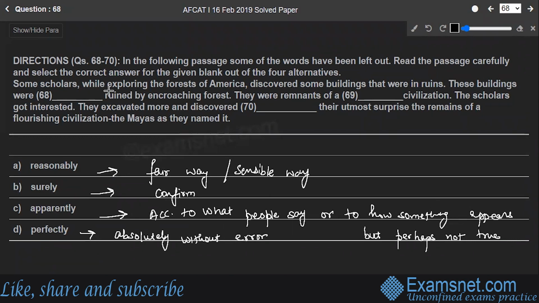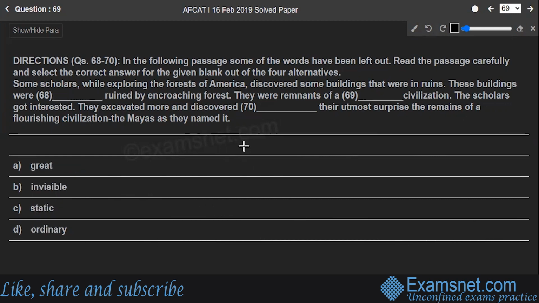So let's read. Some scholars, while exploring the forests of America, discovered some buildings were in ruins. These buildings were apparently, sorry, the spellings were incorrect. Wait. Ruined by encroaching forest. So option C is the correct answer for this question.